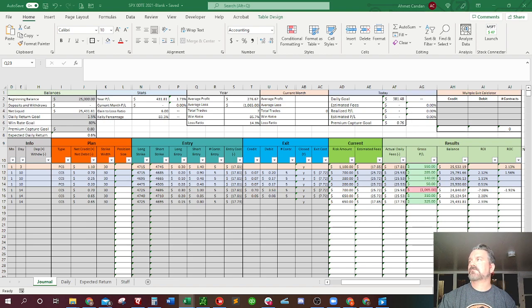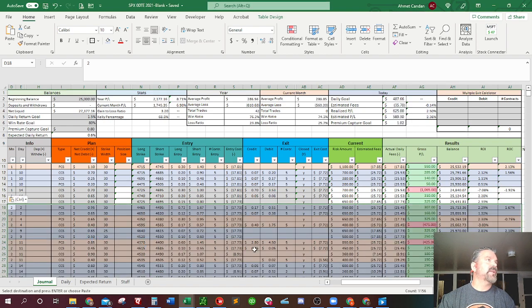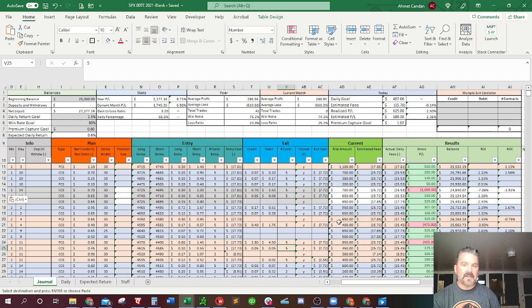So I'm going to drag this whole thing. Now again, all of these trades are my real trades from the month of January.